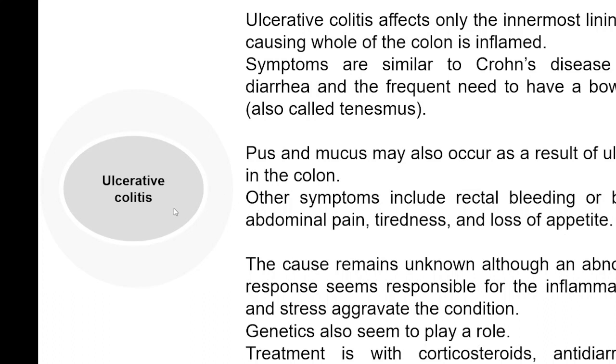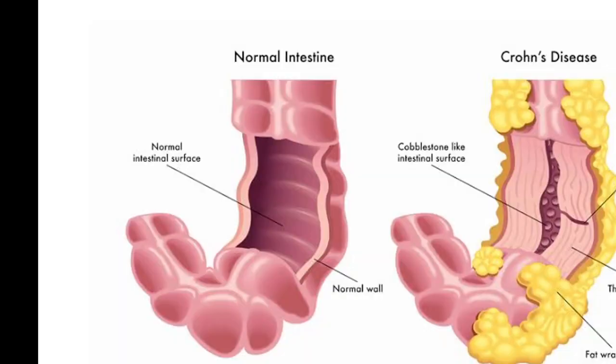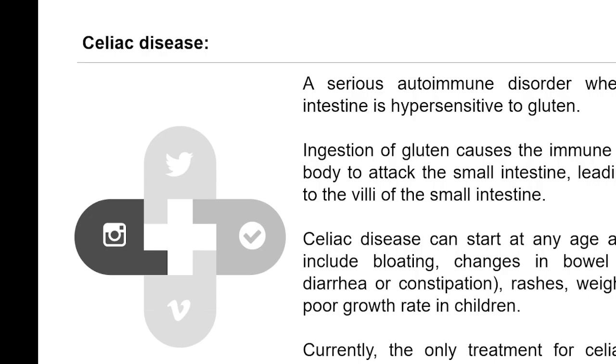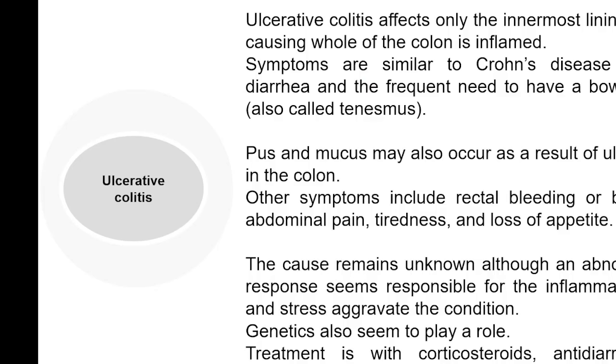In the large intestine or colon, this kind of inflammation will be there, and sometimes that turns into an ulcer, causing a lot of blood loss also. So that situation is known as ulcerative colitis. That is also a difficult situation. Sometimes by taking some steroid drugs and anti-diarrheal drugs, we can reduce the severity of the problem.